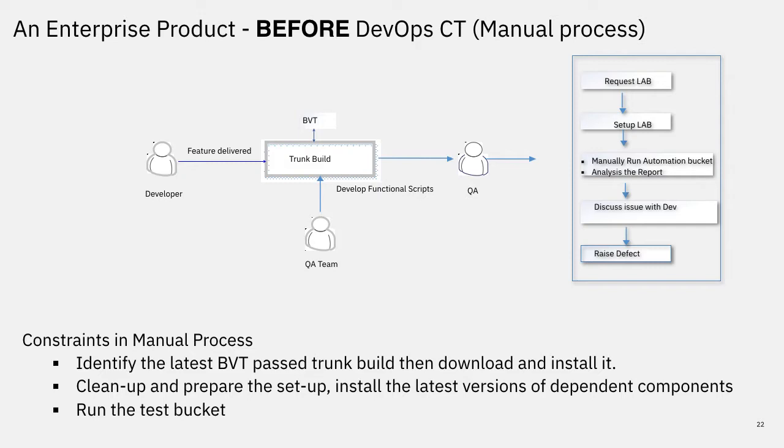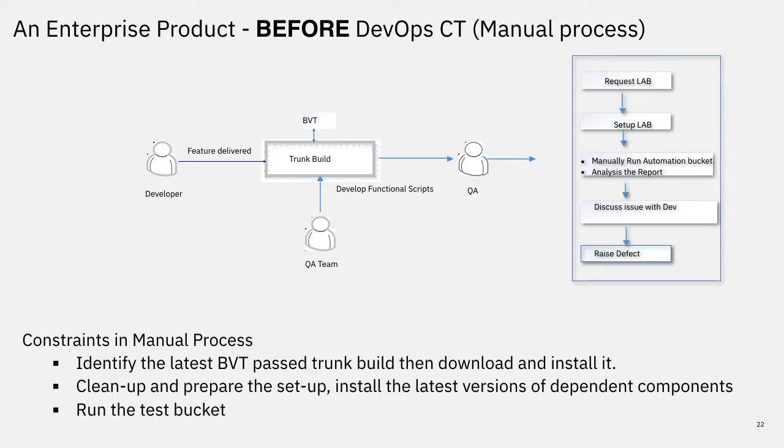And this was a manual process. A developer works on a particular feature and checks in the code, and the code is checked into the trunk build. Then the QA team runs the functional scripts and they run the BVT, the build verification tests, on the trunk build.